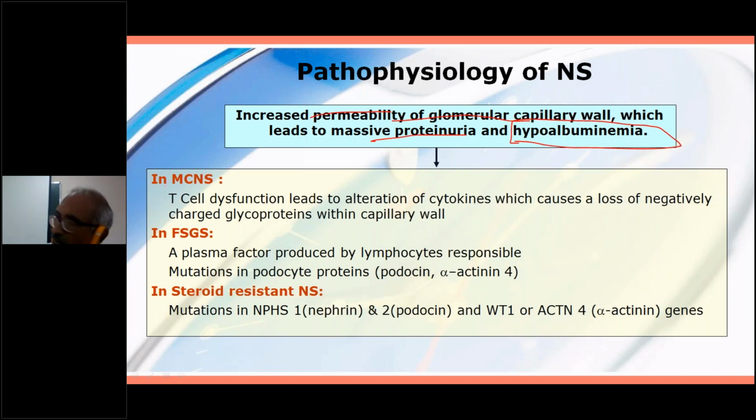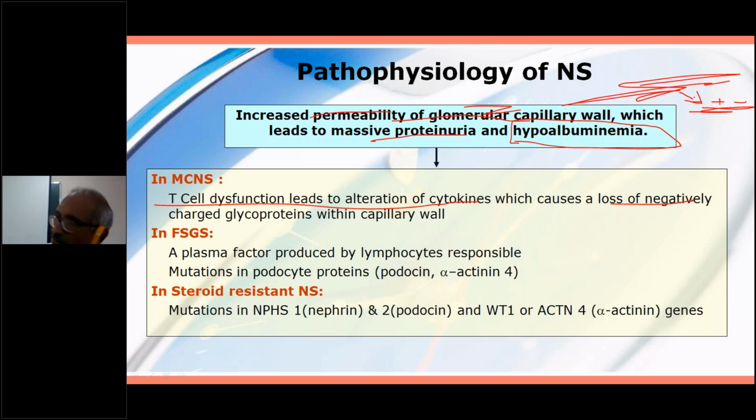In minimal change, most probably this is a T cell dysfunction. T cell dysfunction, alteration in the cytokines, causes loss of negativity of the glycoproteins on the glomerular membrane. Usually, on one side there is a negativity, so the proteins coming out are deflected away.